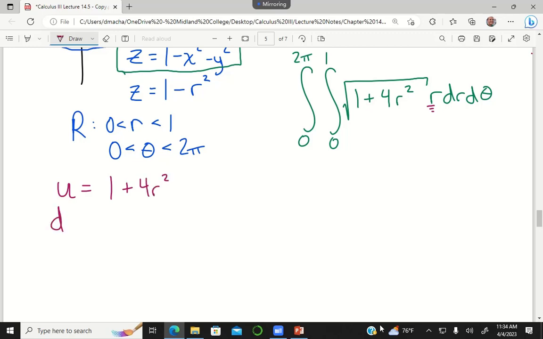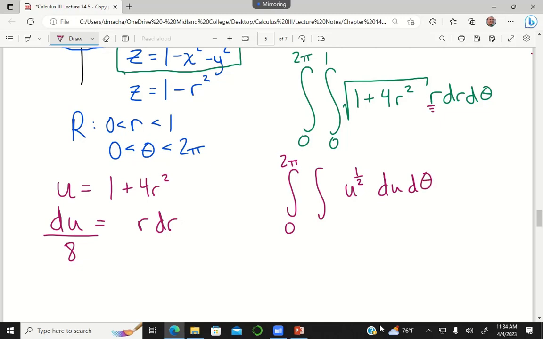So that means du is going to be equal to 8r dr. I could say 1/8 du is equal to r dr. So if I try to rewrite this, it's going to be the integral from 0 to 2 pi, antiderivative, then the square root of u du d theta, and I pick up the 1/8 constant.